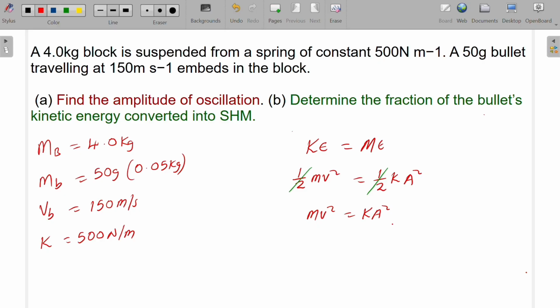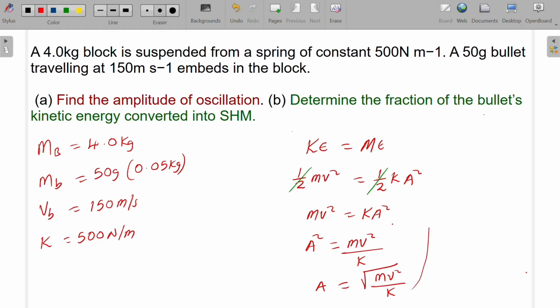Then when we do mathematics, our a squared will be equal to mv squared divided by k, like that. We divide by k there, and then our a will be equal to the square root of mv squared over k. All right.